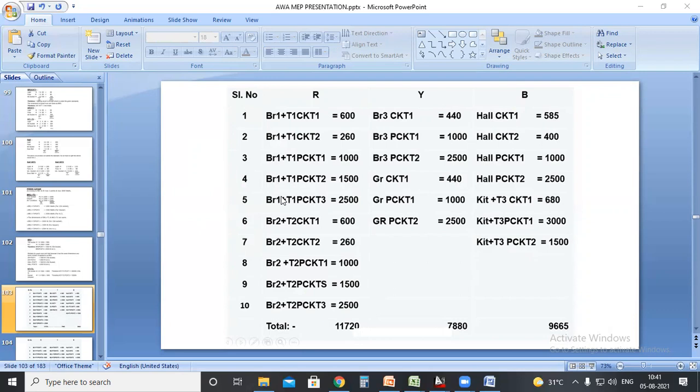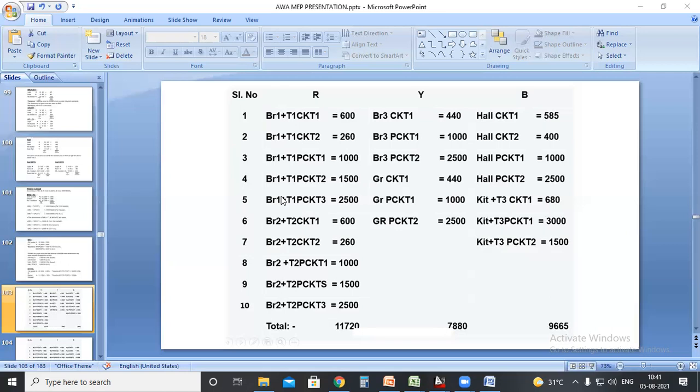So how can we balance this? How can we balance the R phase and Y phase? Yeah, it is very easy actually. You can just take the BR2 plus T2 PCKT3, that is the 10th circuit in R phase, to the Y phase.